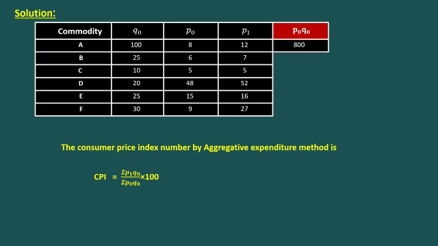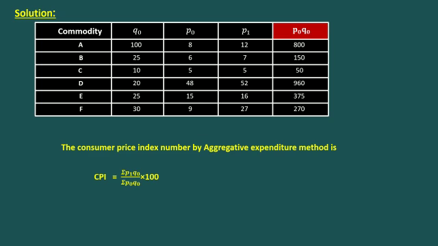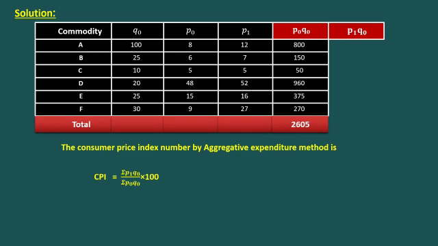Likewise, we calculate P0 Q0 for the remaining commodities. And then when we add P0 Q0 values, we get the total of summation P0 Q0 as 2605.